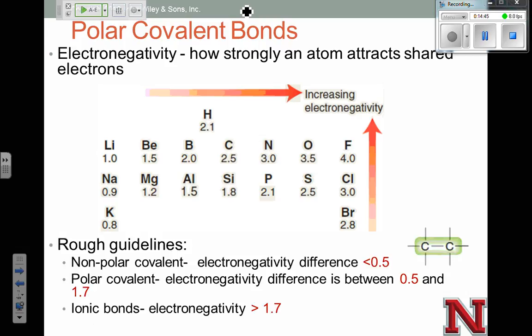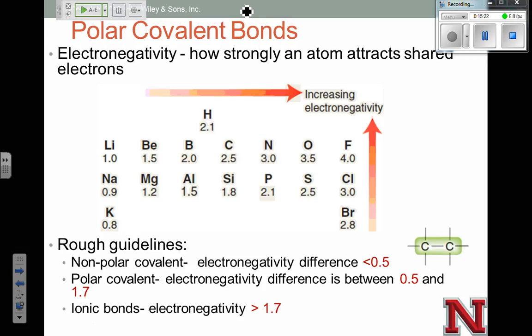In general, and these aren't hard and fast rules by any means, nonpolar covalent has a small electronegativity difference. Polar covalent is about between 0.5 and 1.7, and ionic is greater than 1.7, though honestly, there's some ambiguity with some bonds. Throughout organic chemistry, you'll see some reactions where a reagent has, say, a magnesium and a bromine, and we sort of draw it as an ionic bond sometimes and a covalent bond other times because it's kind of at that 1.7 mark.